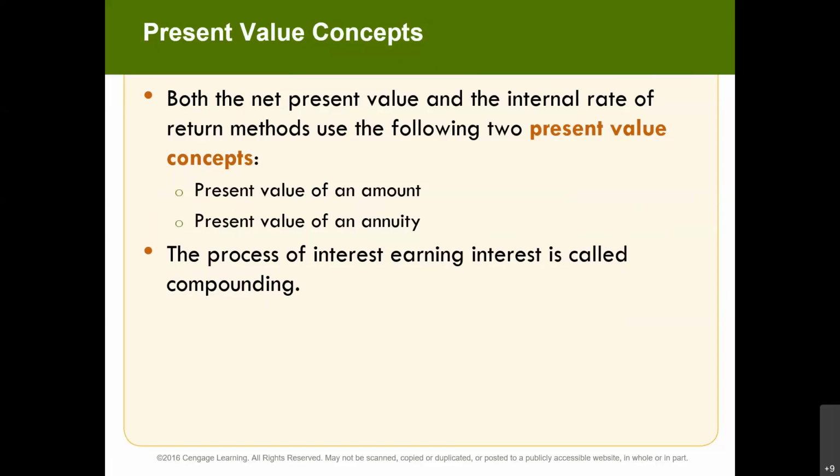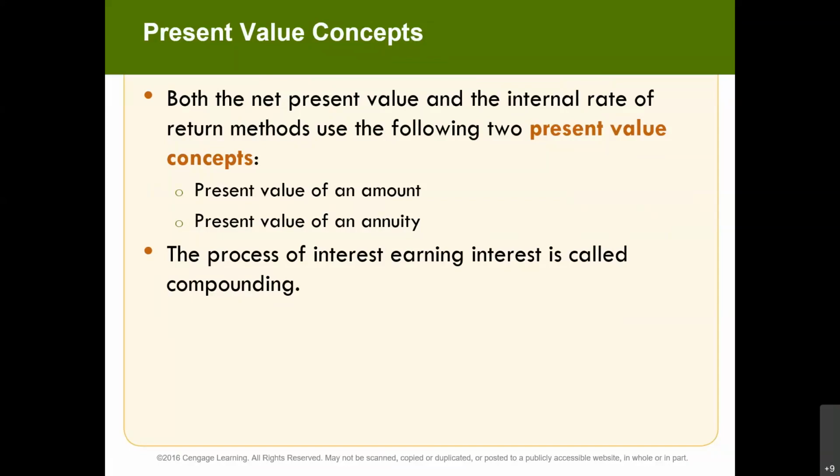So, of course, when we talk about the time value of money in terms of present value, we have interest to consider. And as you might expect, interest also earns interest on itself. We call that compounding interest.